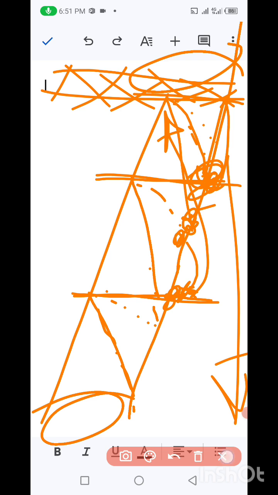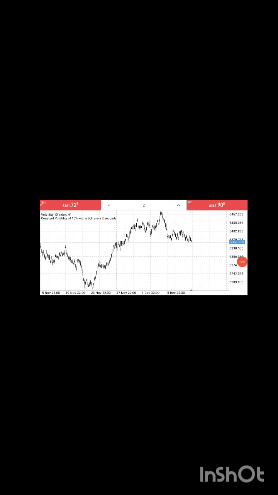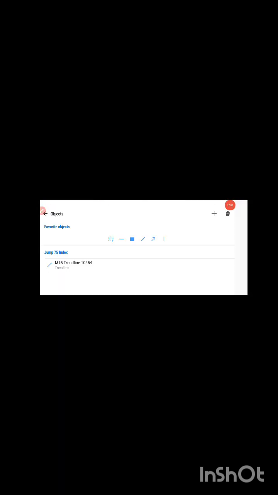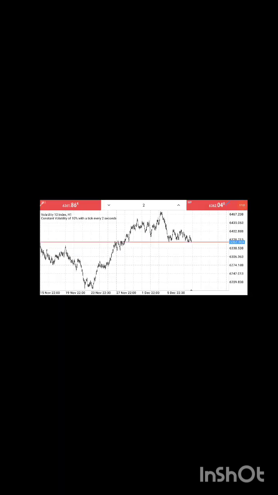Okay, right now we're on Volatility 10 Index, and what I'm going to do here is select a plane, because if you go back to the document, one of the terminologies we need here is plane.